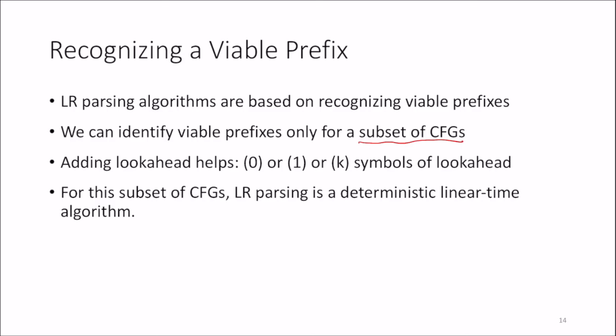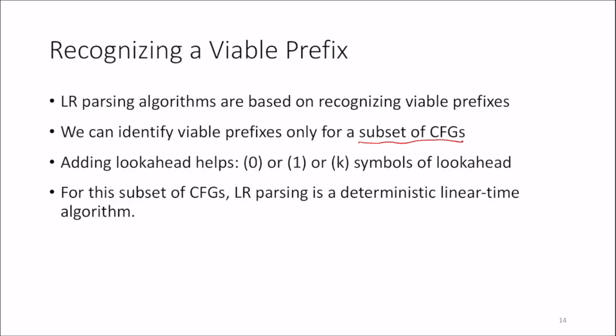So if you only focus on this subset of context-free grammars, we're making the assumption that this subset is expressive enough for all of the grammars we would write for programming languages. Programming languages, as we know, are designed to be unambiguous. So the subset of context-free grammars that can be used for shift-reduce parsing should include all of the programming languages that exist and even people might come up with in the future. At least that's a claim.